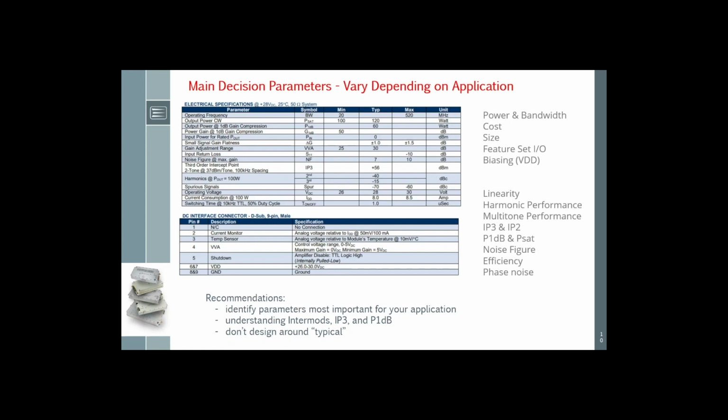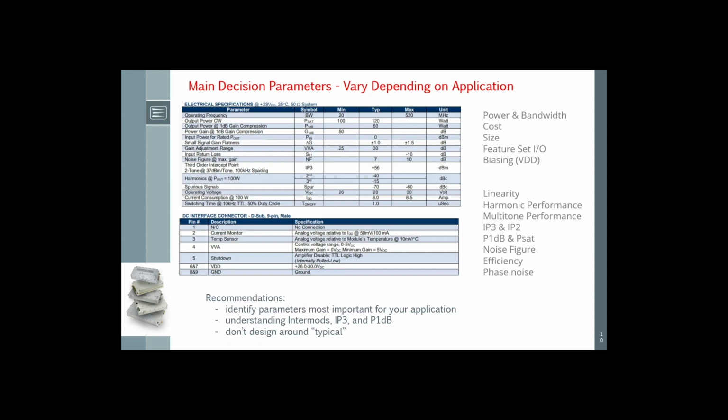Thank you, John. Let's continue our discussions about modules. First of all, the most important thing is your application. You have to look at the spec always with a vision of what your application is. Second, forget about typicals.